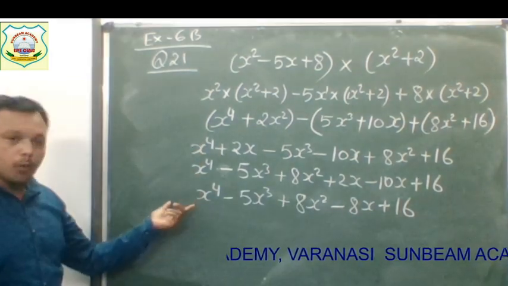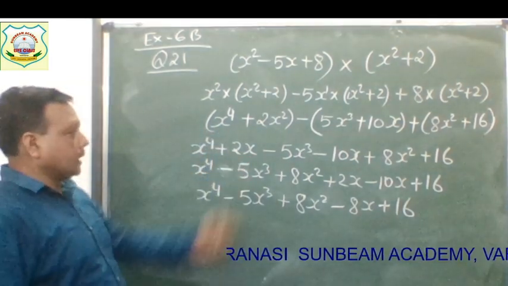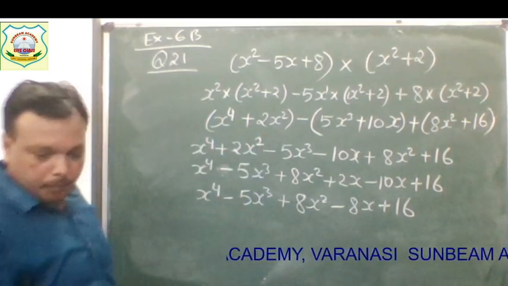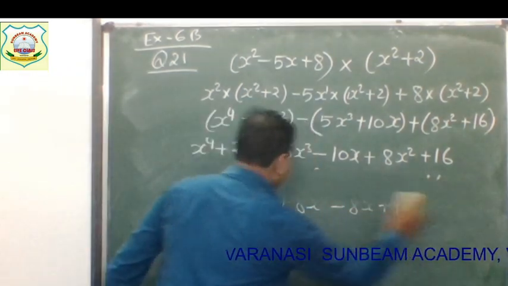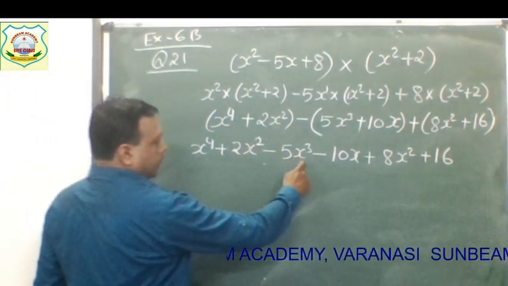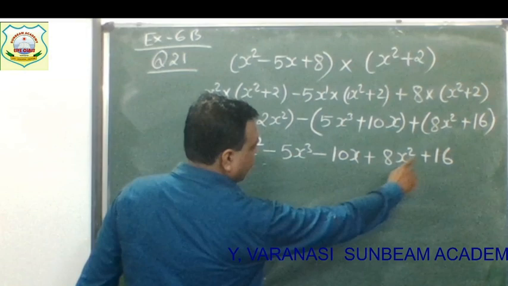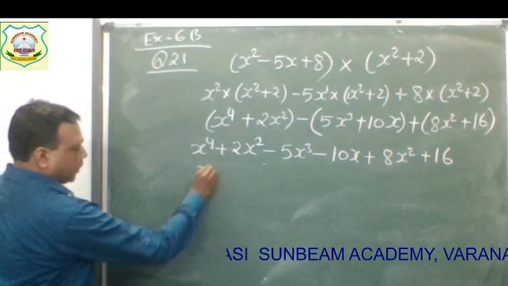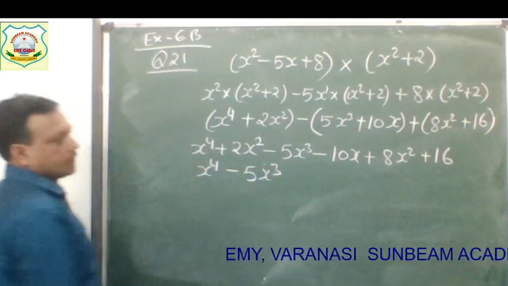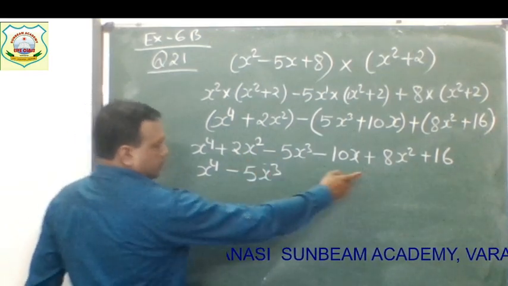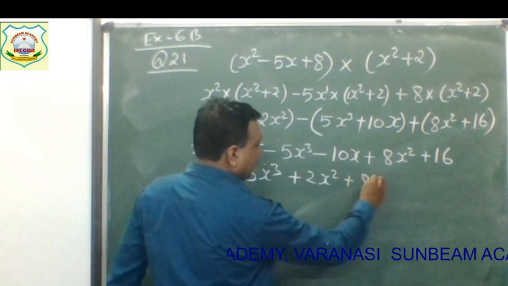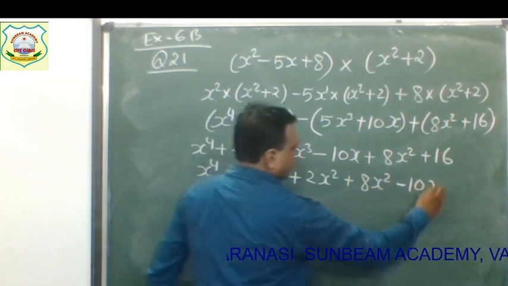What we have done, now we have opened the bracket, x power 4 plus 2x square, and so on. Then there is 2x square minus 5x cube minus 10x plus 8x square plus 16. What will happen now? X power 4. Now we will write minus 5x cube. Then plus 2x square plus 8x square, minus 10x plus 16.